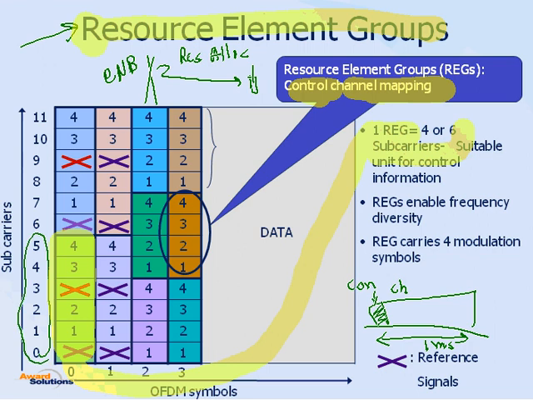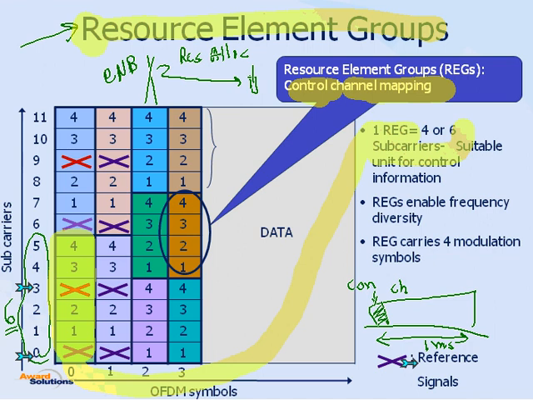Right? A total of 6 subcarriers. Within the 6 subcarriers, we will not use subcarrier number 0 and subcarrier number 3 for the control channel, because those are our so-called reference signals.